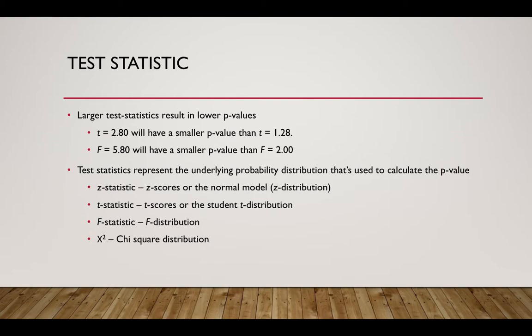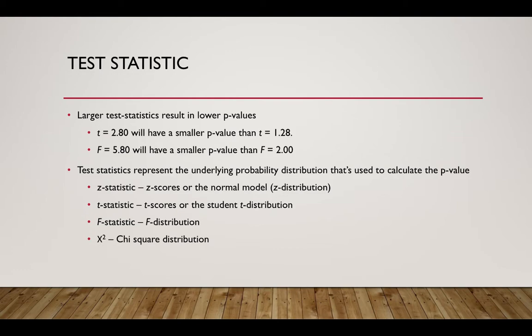So a little bit about test statistics. Larger test statistics result in lower p-values. So a larger test statistic, for example, t equal 2.8 will have a smaller p-value than t equal 1.28. Same thing for an F statistic of 5.8 versus 2.0.